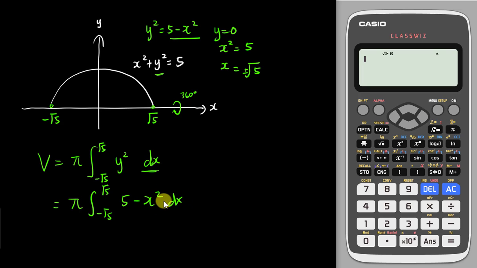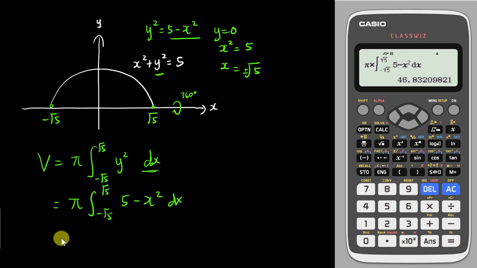Then normally I would just use the calculator to solve it. So I would type pi multiply, integrate 5 minus x squared, and then tell my calculator I want from negative square root 5 to square root 5. And the calculator will straight away tell me the answer.